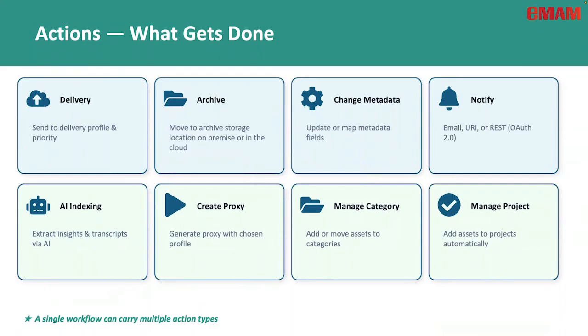So if you want to send an email that a file has been ingested successfully and somebody needs to review it, we could do that. We could trigger AI indexing. We do have our eMAM Next system for AI triggering and running for transcripts, speech to text, facial recognition, branding, annotations, and so on.